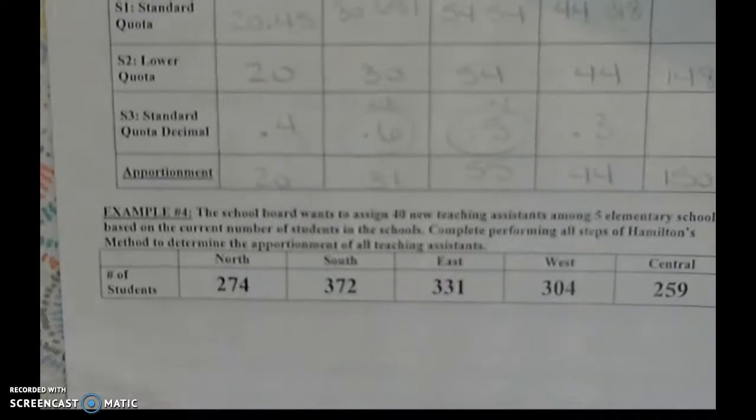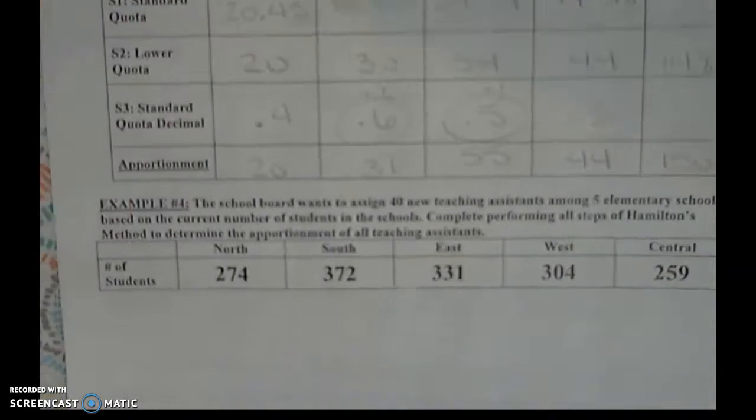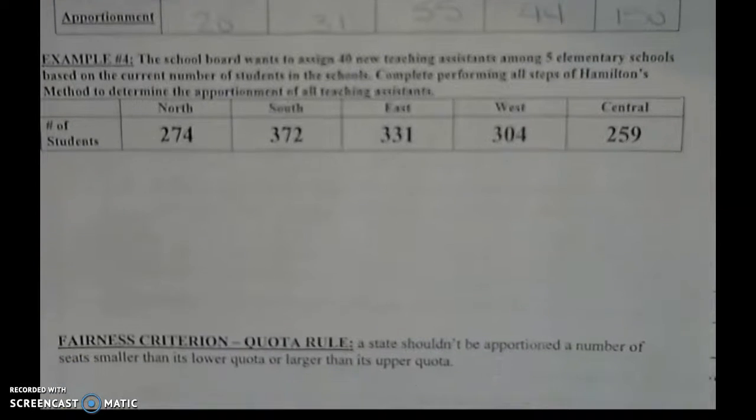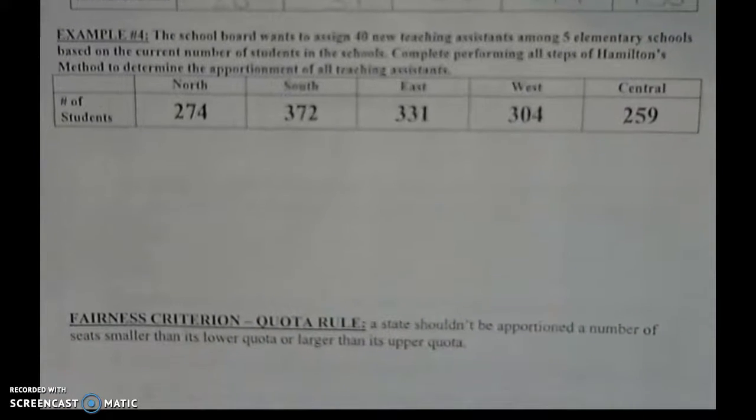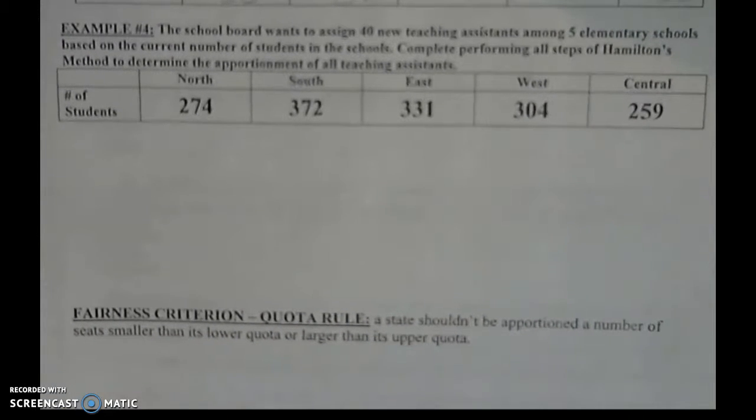All right, same thing down here on number 4. If you want to hit pause and see what you can do first, then do that. But here's what we got. And they want us to give out teaching positions. So take a minute, see what you can do, and we'll see you here to check yourself. All right, so you should have this done.